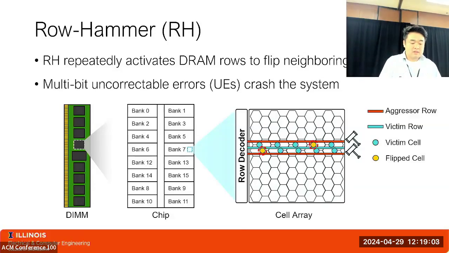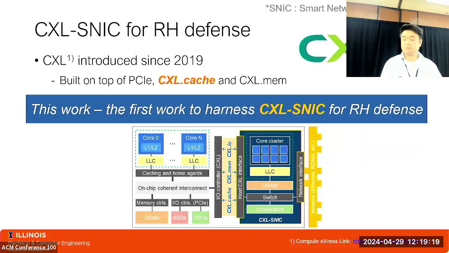System-level Rowhammer defenses, such as refresh rate control and error correction code, cannot provide full protection from Rowhammer attacks. For example, the ECC for DRAM is a single-bit error correction and double-bit error detection code. Our proposed software-based Rowhammer mitigation solution employs the CXL protocol. The CXL interface was introduced in 2019.